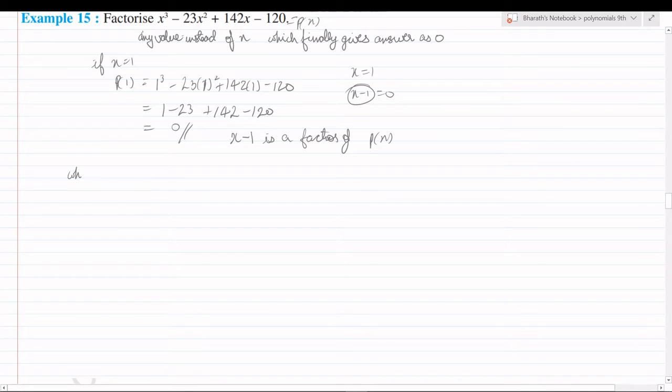So when we divide p of x by x minus 1, we get, now writing down the equation, x cube minus 23x square plus 142x minus 120, dividing it by x minus 1. Keep in mind, always multiply with such a term through which the first term gets cancelled.